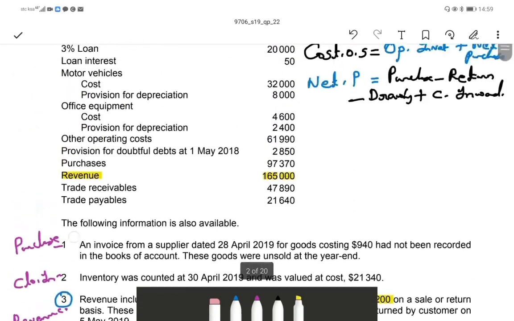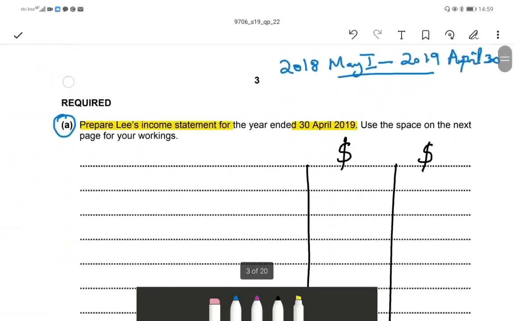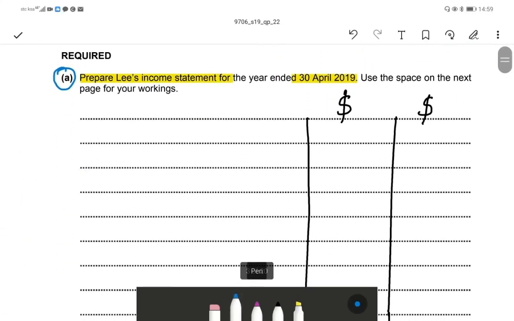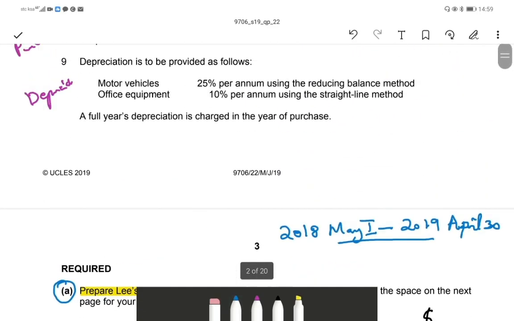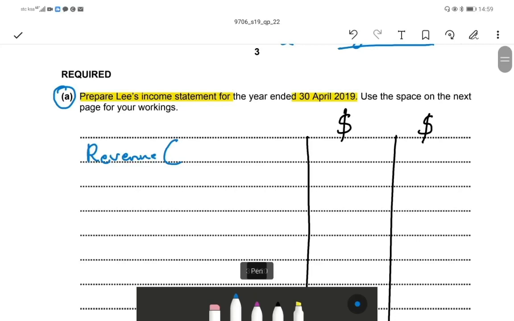So revenue is equal to 165,000 minus 3,200, which is equal to 161,800.